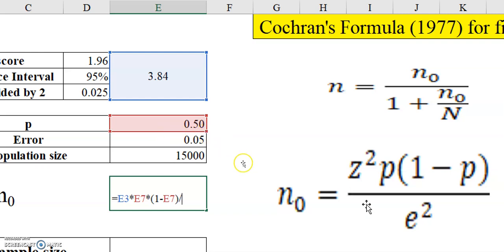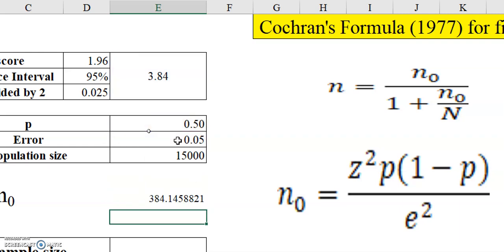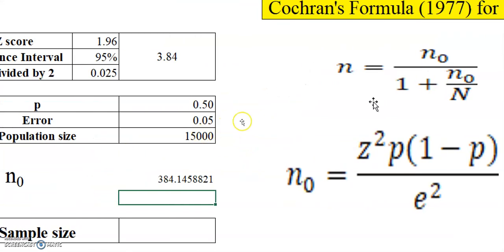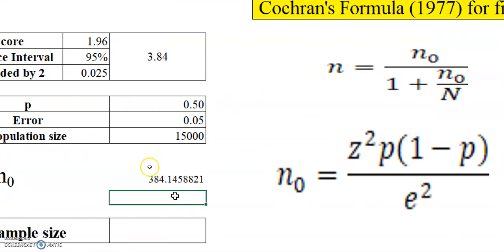Divided by e square. Here the e square, that is this value. So again give a bracket, 0.05, again give caret, shift 6, 2. That is e square. Now press enter. Now this is n0, this value. Now we have to calculate this denominator.